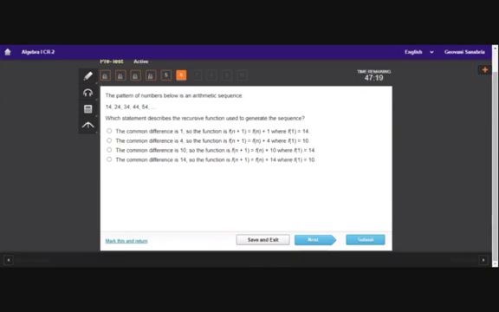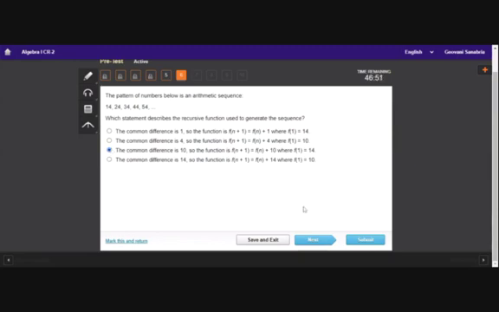So the common difference, that's part of these types of lists of numbers. They're called sequences. The common difference just means how much it takes to jump between the numbers. Oh, okay, so it'd be B. I mean C. C, because it's 10 between each. You jump 10 each time. Yeah, that's what the common difference means.